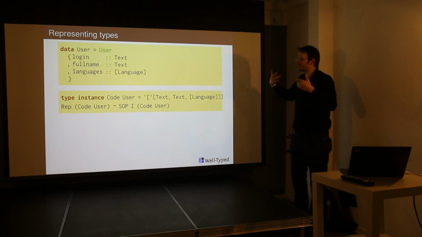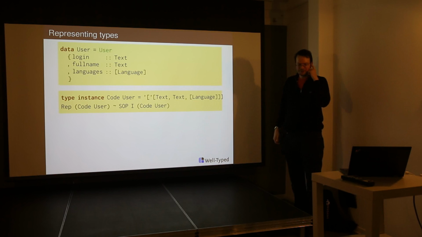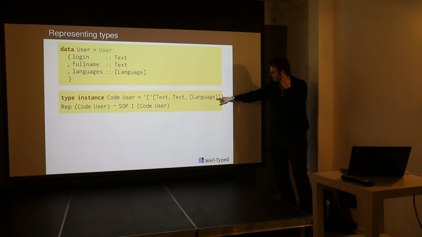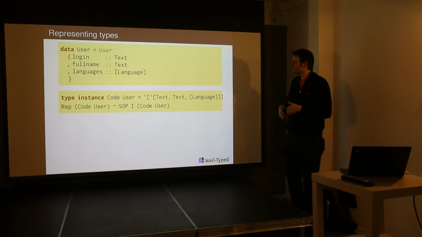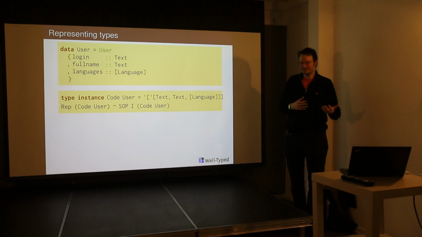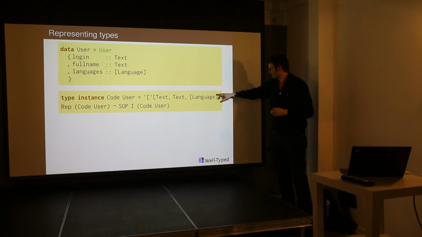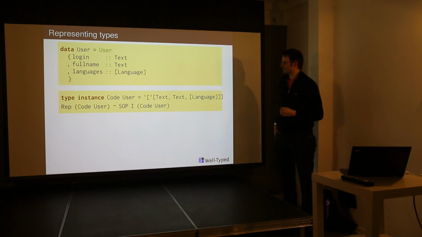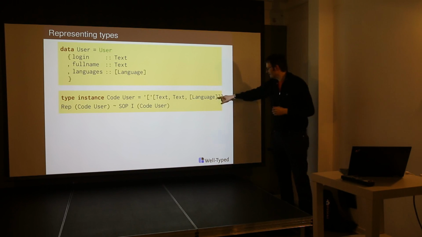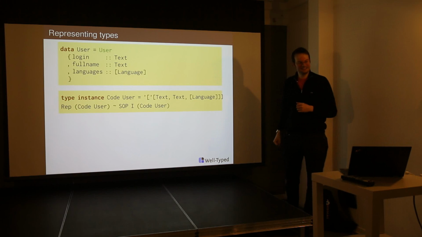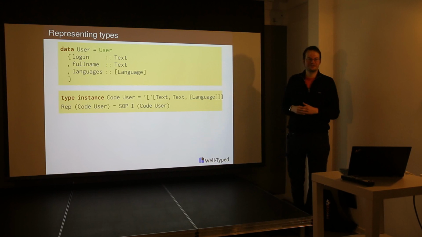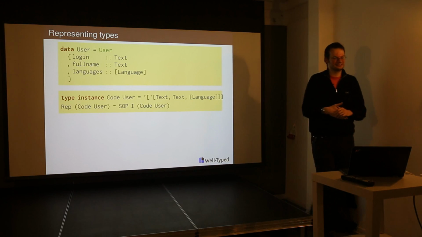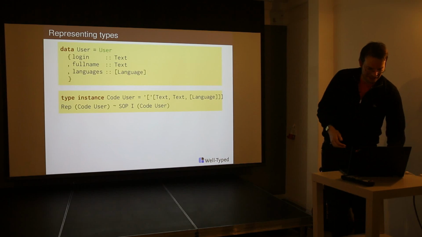But since we now have type-level lists, you have to disambiguate a type-level list that contains one element, the type language, from the type of lists of languages. If you don't write the strange tick in front of the bracket, then it will be interpreted classically as the type of lists of languages. But if you do, then it will be interpreted as a type-level list.